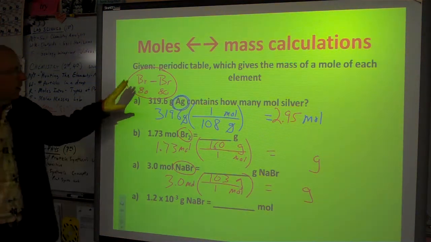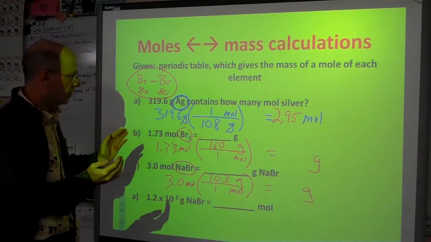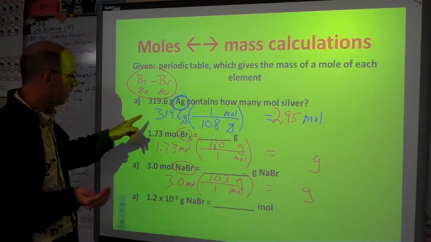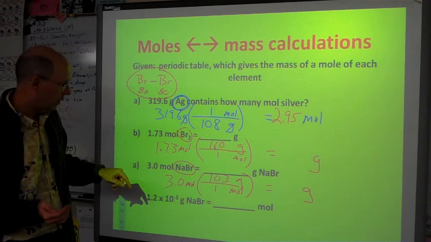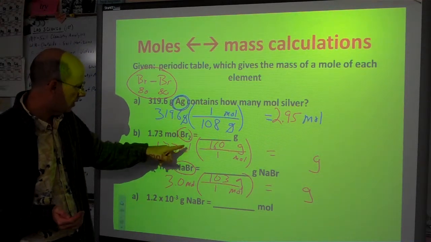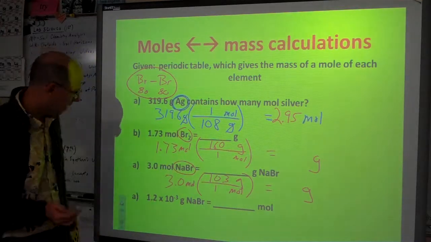And so the first thing we did was we set up 1 conversion factor problems, grams to moles, and then somewhere here we should have moles to grams, and we use this information from the periodic table.